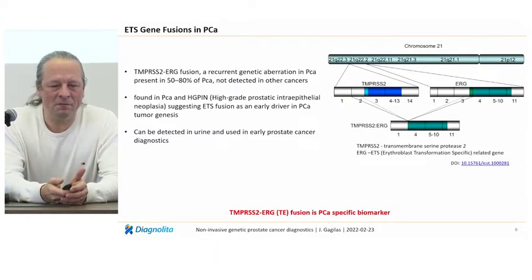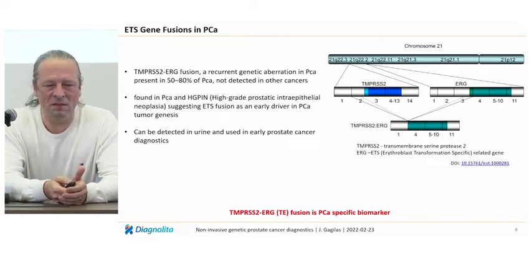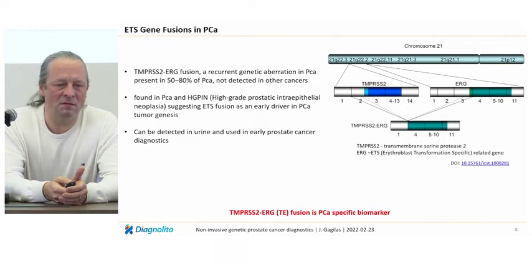And if we talk about gene fusion, the main fusion which is found in prostate cancer is TMPRSS2-ERG fusion, which can be found in 50 to 80% of prostate cancers, and it is almost not detected in any other cancers.